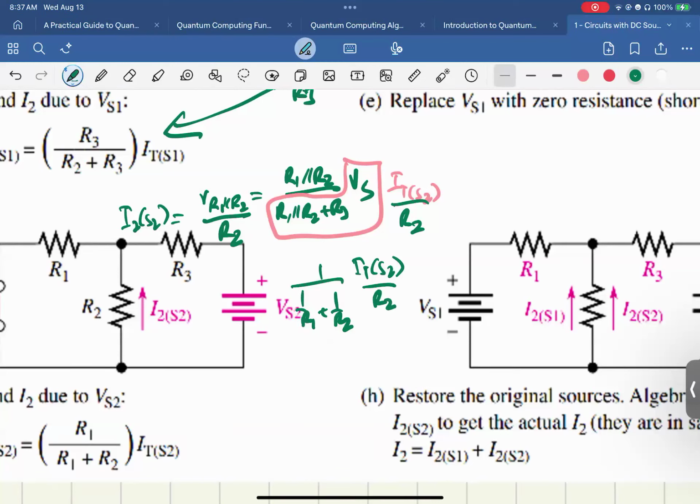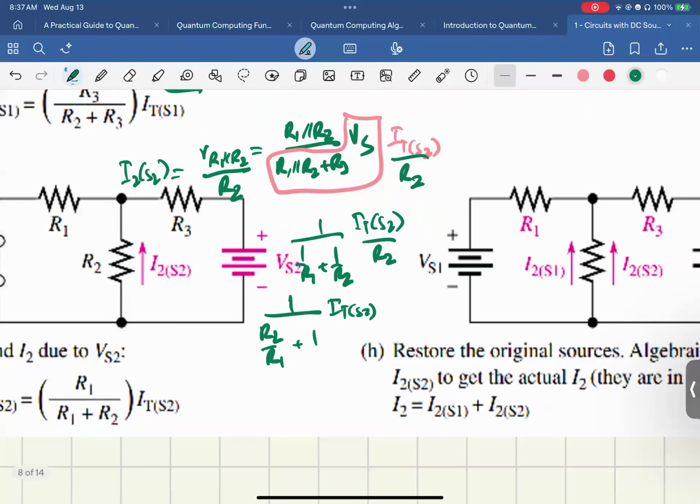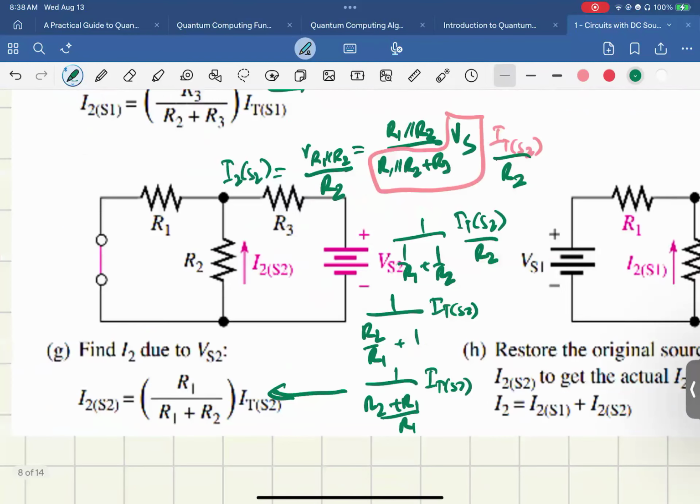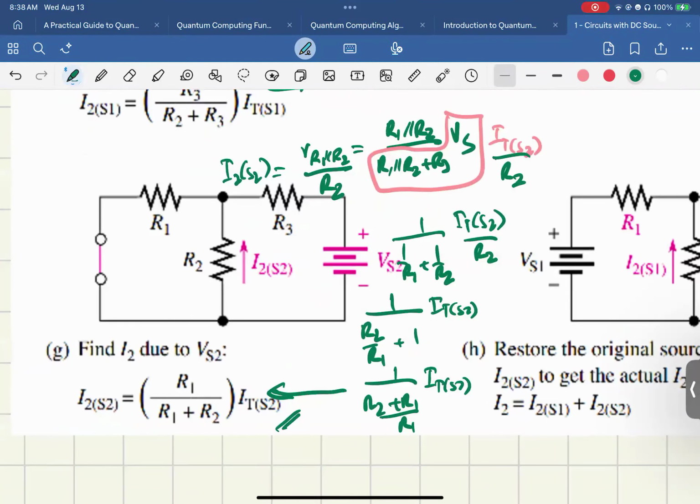Okay, so we have 1 over R2 over R1 plus 1, ITS2. So 1 over R2 plus R1 over R1, ITS2. And then the next step is this equation here.